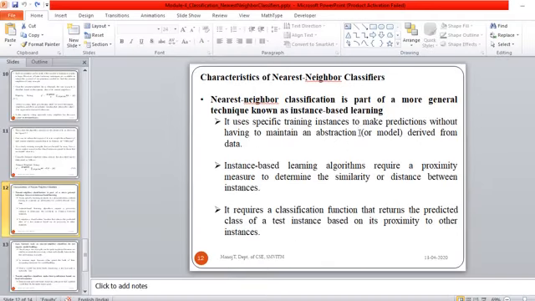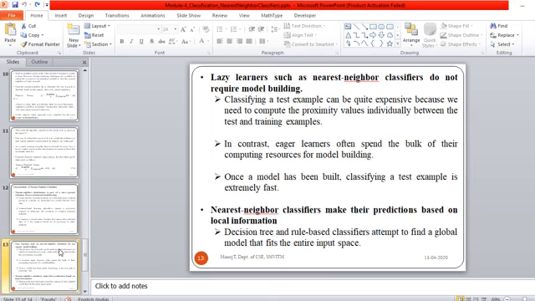Nearest neighbor classification is part of a more general technique known as instance based learning. That is one characteristic. And lazy learners such as nearest neighbor classifiers do not require model building, that is, any prior model building based on mathematical functions.